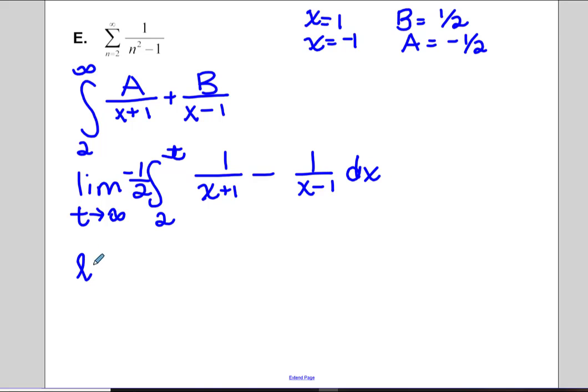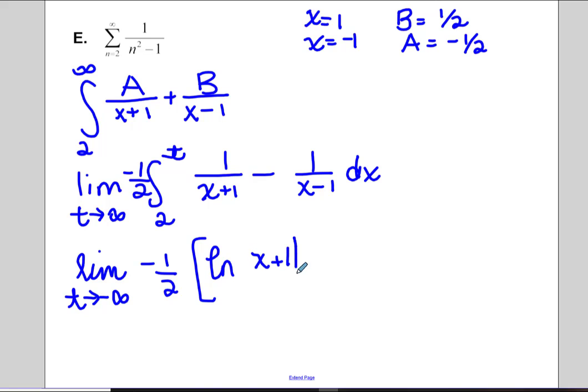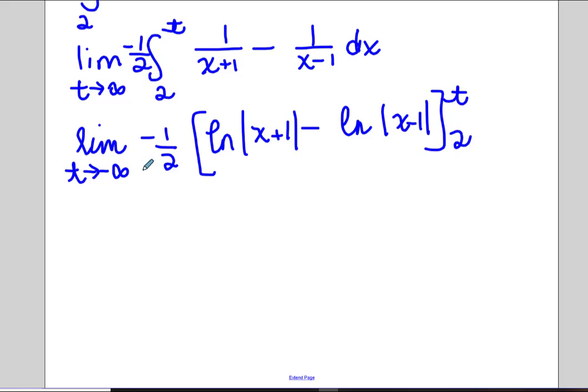So when we take the antiderivative with the negative 1/2 here, we have natural log of x plus 1 minus the natural log of x minus 1, and we're evaluating from 2 to t.